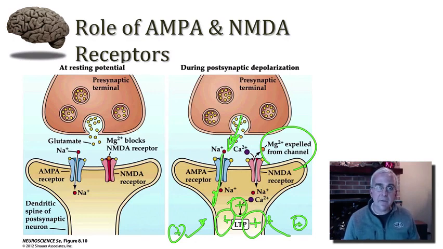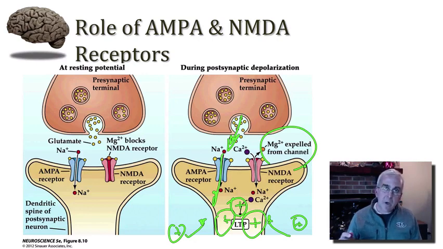Now, as you know, magnesium is a divalent cation, so if the inside of the cell becomes positive, then magnesium is going to be repelled out of that channel pore. That will allow that channel now to be available for the influx of sodium ions and calcium ions, as well as the efflux of potassium ions. If you remember what we learned a few tutorials ago about the NMDA receptor channel, you'll know that it's cation selective, but not particularly selective for which cations flow.